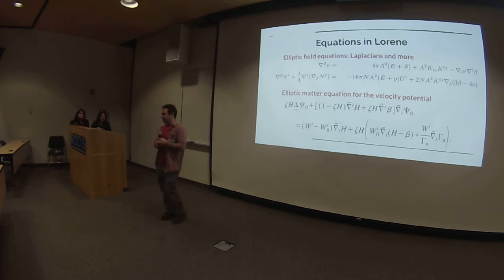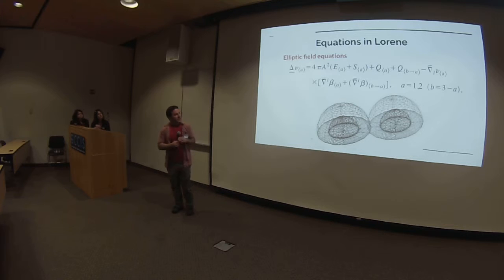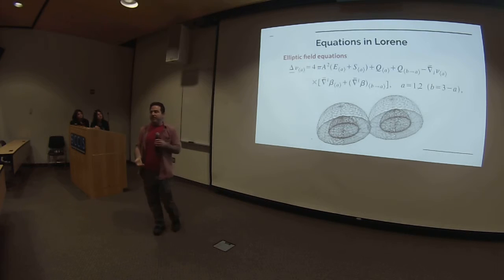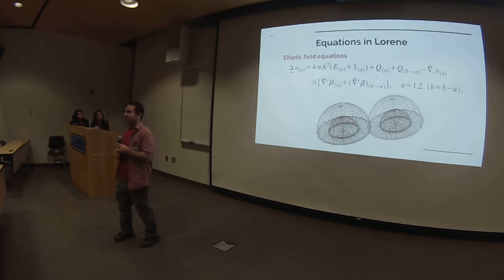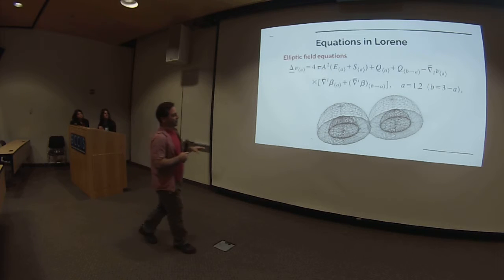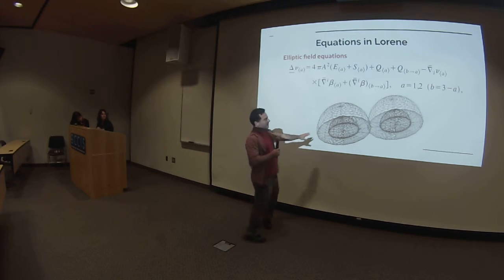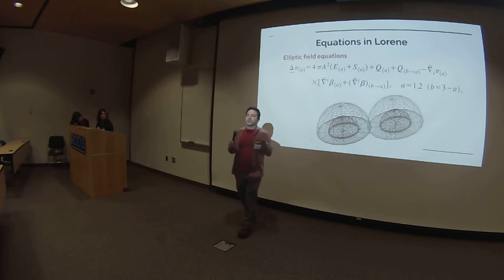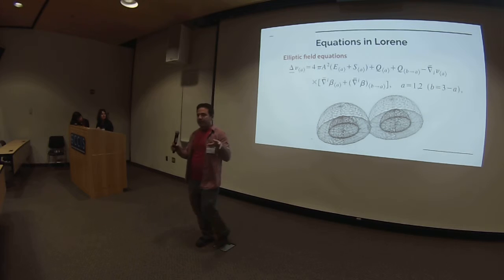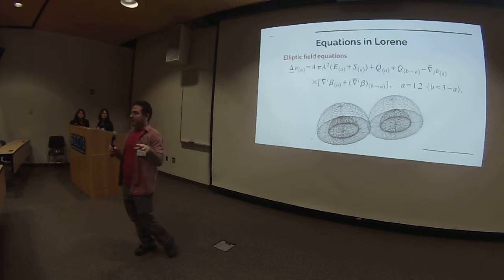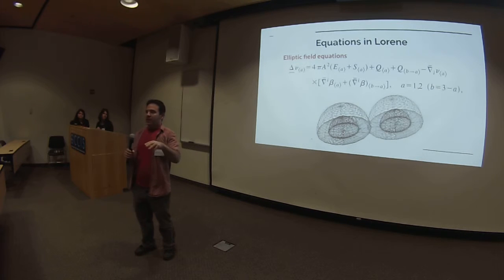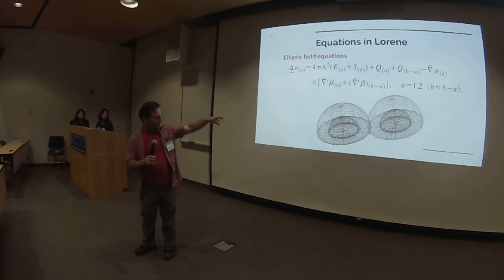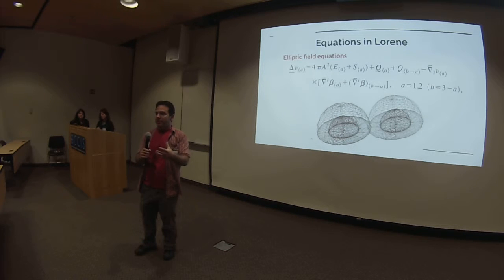So, next. This one slide is basically the guts of Lorraine, and then I'm going to hand off. On the bottom, there's a picture that's possibly a little misleading, but hopefully not. The bottom is supposed to be the depiction of two neutron stars and the domains around them. Lorraine is a spectral method solver, so these are the collocation points for a fairly low resolution run, showing one domain on the inside, which would ostensibly be around the neutron star in each case, and a second domain that goes around them.